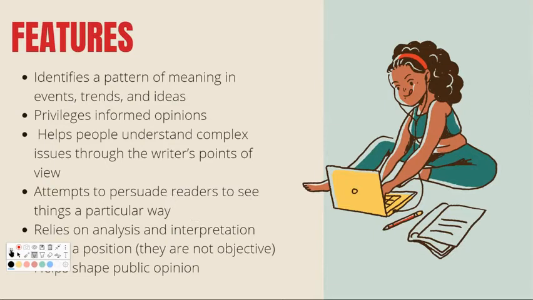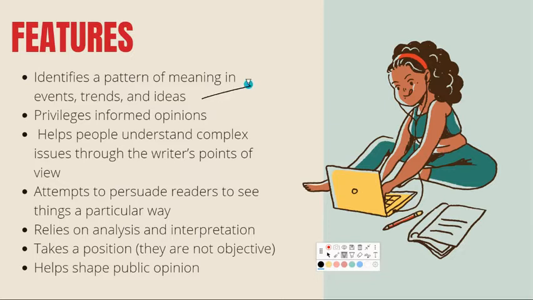Now, let's see what are some features that you have to be mindful of when trying to write an argumentative text rather. So here, we have to identify a pattern of meaning in events, trends, and ideas. Meaning to say, we have to be able to identify what could be emerging trends related to the issue that you are trying to explore.